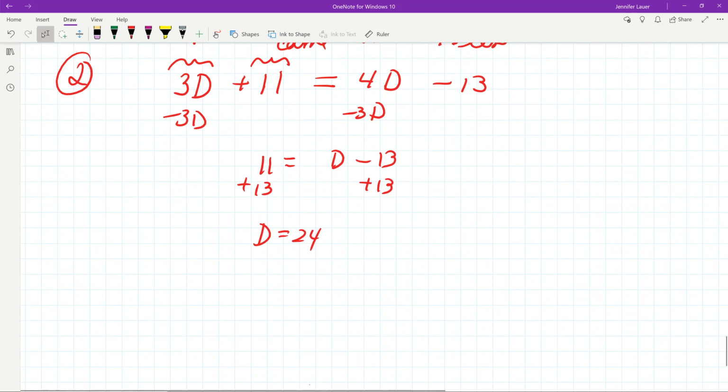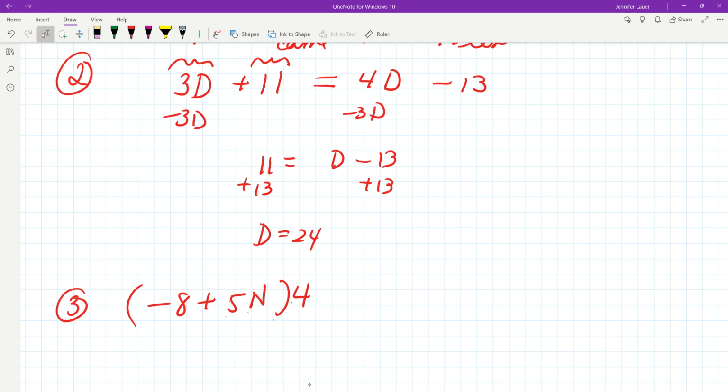Okay, so here we go. The next one, we're going to do one more, and then that will be the end of this quick concept. It says the sum of -8 and 5 times a number is multiplied by 4. Okay, so this is the sum of -8 and 5 times a number.